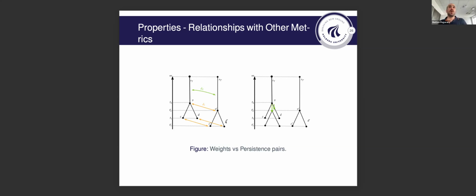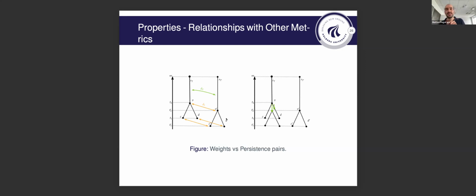This one is just the same function, but translated downwards. The two persistence diagrams would have basically the same shape, but their coordinates would be translated by some factor on the birth and some factor on the death coordinates. But they would be just the same shape, okay? Just with a translation vector, we would be able to match one with the other.